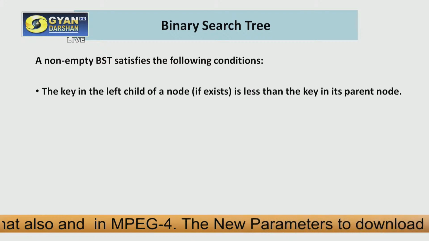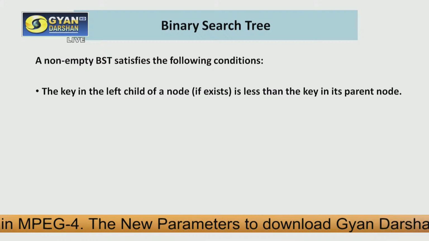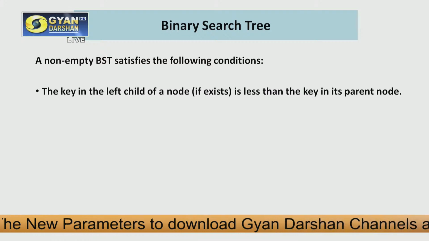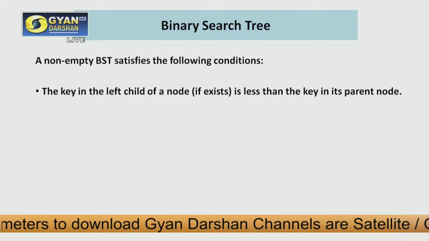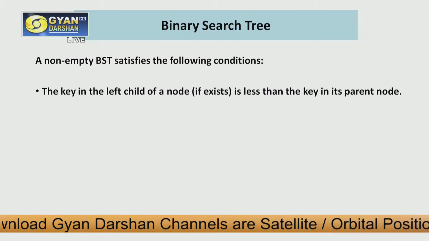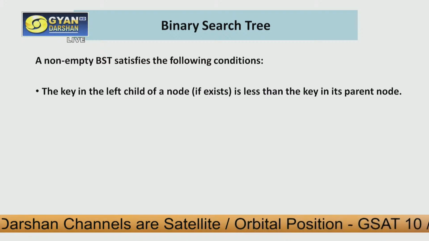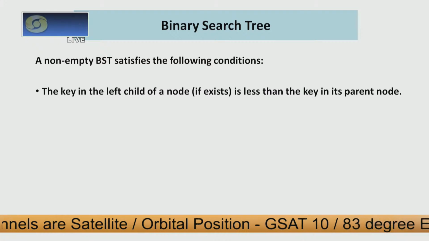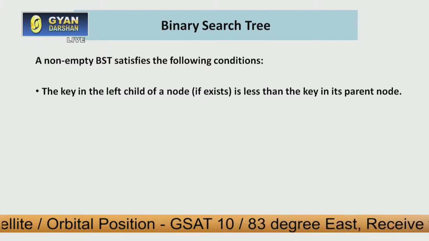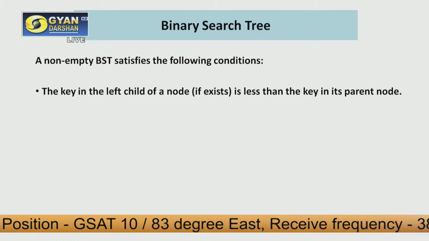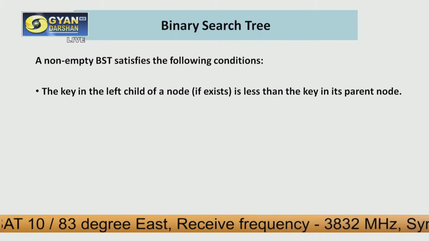The first condition is that if we consider any key, whether it is a root or any non-root key, then the key in the left child of a node, if the left child exists, should be less than the key in its parent node. That is the first condition.